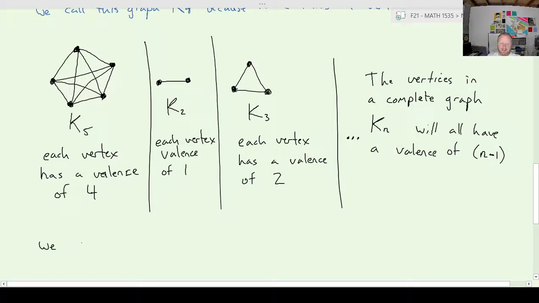We denote the valence of a vertex using Q, right?